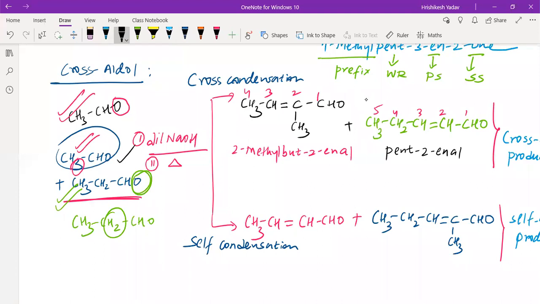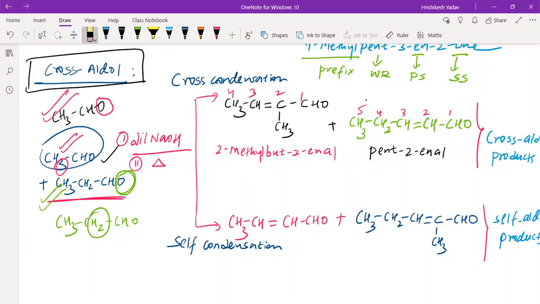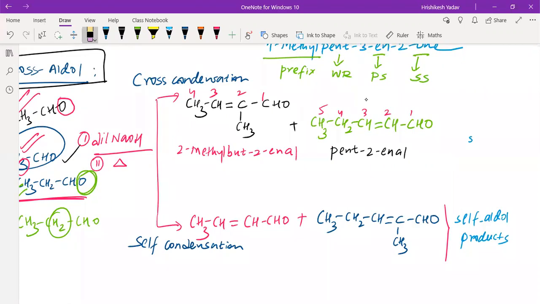Your topic is the cross aldol reaction. Then no need to write all this. This I just wrote to explain exactly what this is.